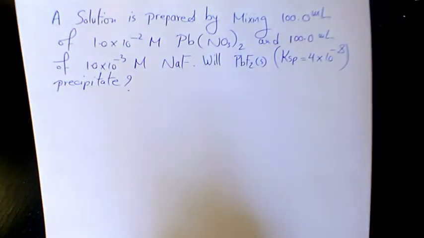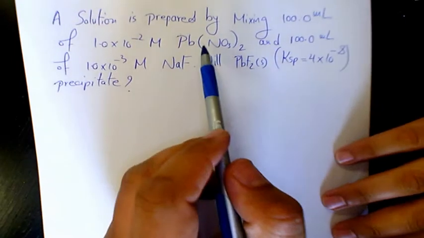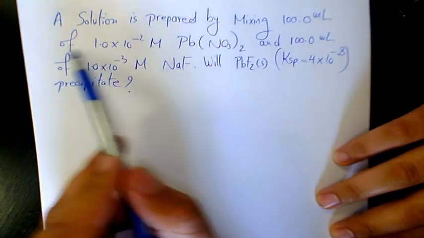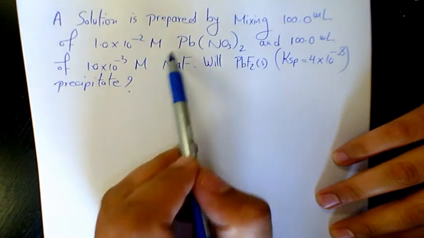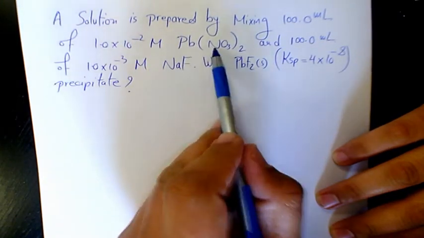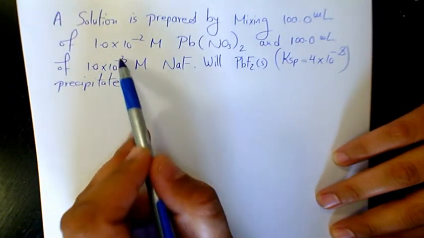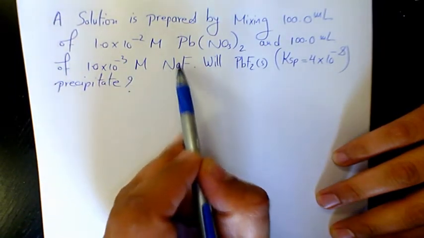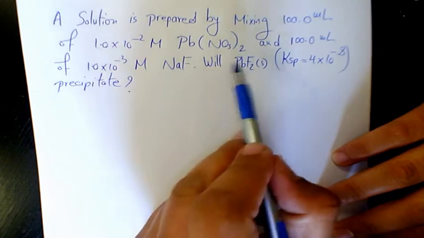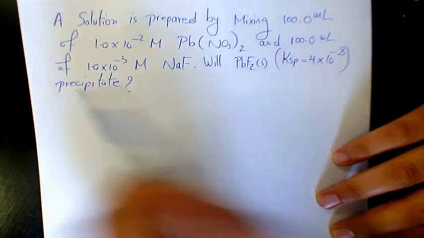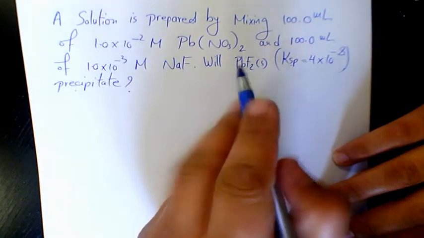It says a solution is prepared by mixing 100 milliliter of 1 times 10 to the power of negative 2 molar of Pb(NO3)2 and 100 milliliter of 1 times 10 to the power of negative 3 molar of NaF. Will PbF2 precipitate? The Ksp of PbF2 is given as well.